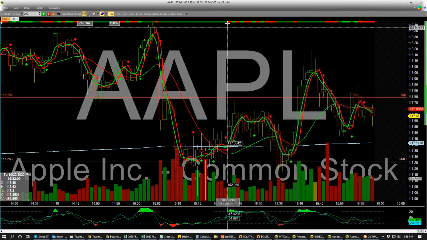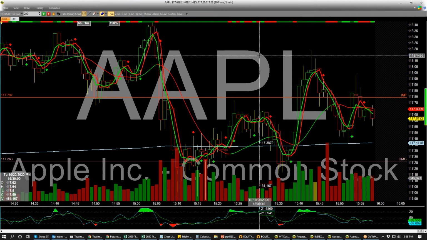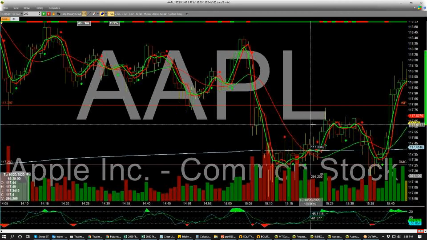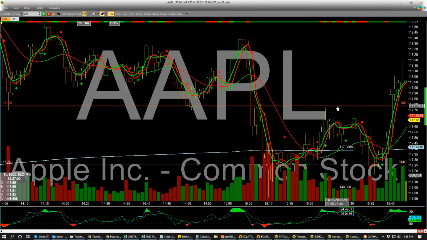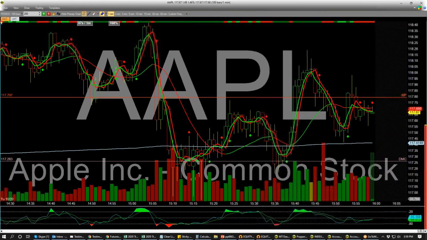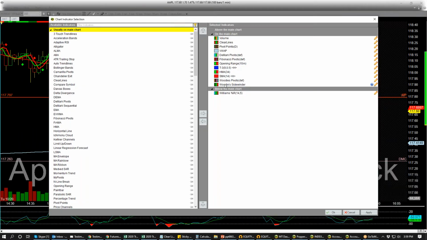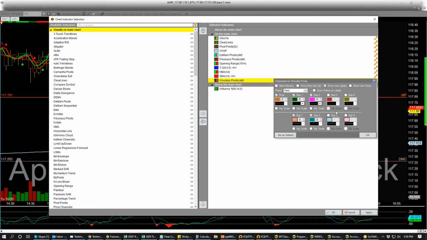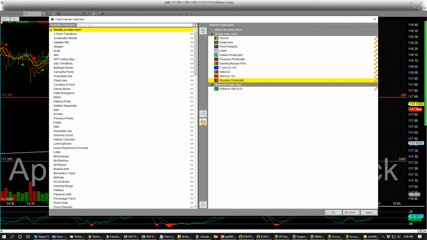Woody's pivots and side. There you go. There's a Woody pivot. It looks like it's on top of one of the other pivots, and that must be his sidewinder. It's very colorful. It looks similar to one of the other pivots.